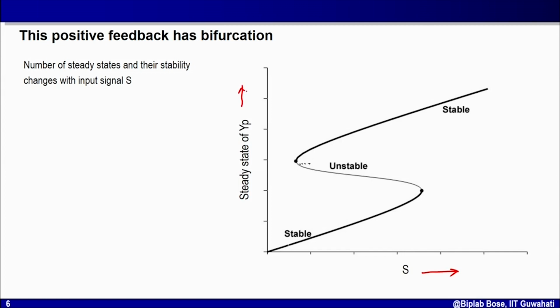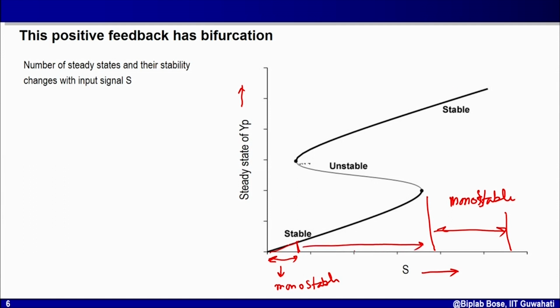steady state value of yp in the vertical axis, and I can plot different steady state values of yp as I change S. And I can see that for some values of S, I'll have only one steady state. That is, in this region, my system is monostable. In the higher values of S also, in this region, my system is monostable because I have only one stable steady state in those cases.